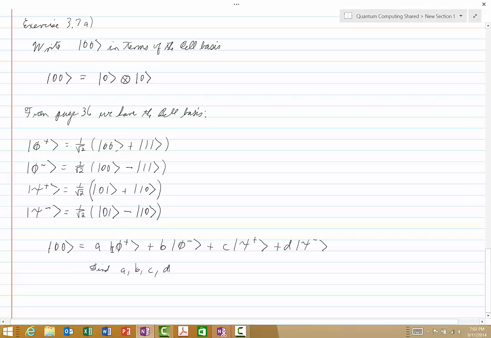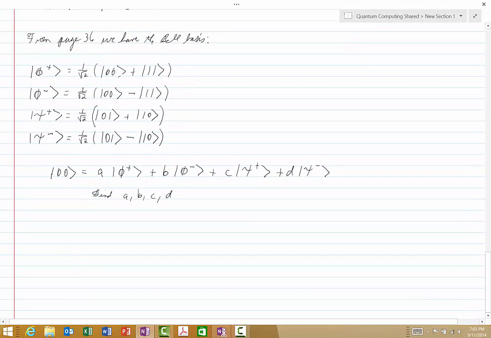This would be equal to 1, and so A is equal to the bra of phi plus with |0,0⟩. Likewise, if we wanted B, we would pre-multiply both sides by the bra of phi minus. But we have not yet confirmed that the Bell basis is orthonormal. So let's ask about that.